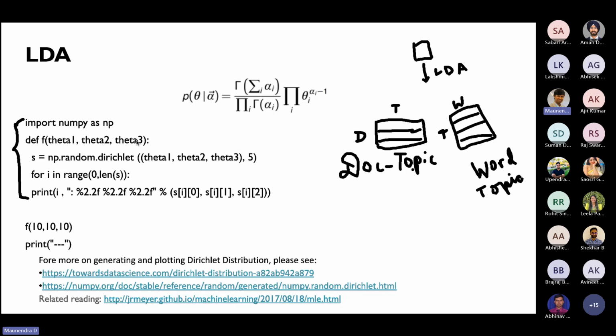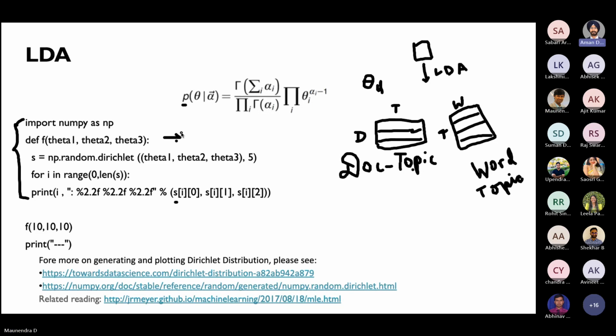So I have 3 values here. Here we're generating the probability vector. And what is the probability vector? This theta t is one probability vector, where we say that for the current document, these are the belongingness to the different topics. So these 3 belongingness will be these 3 probability values.